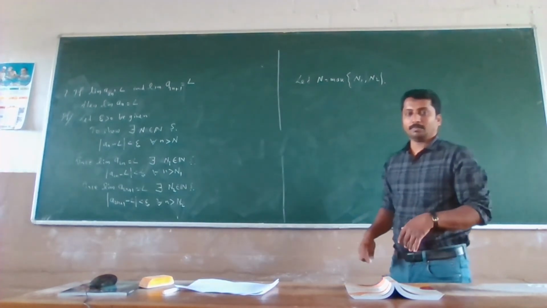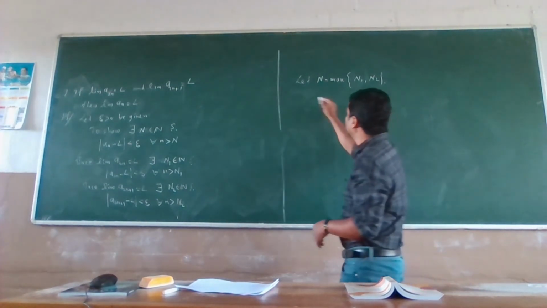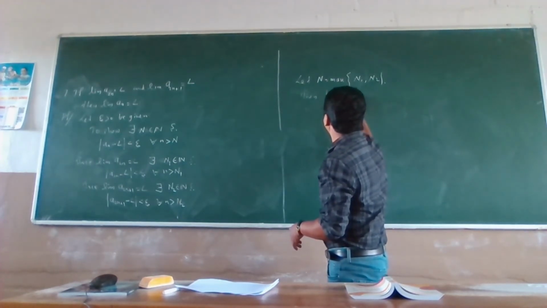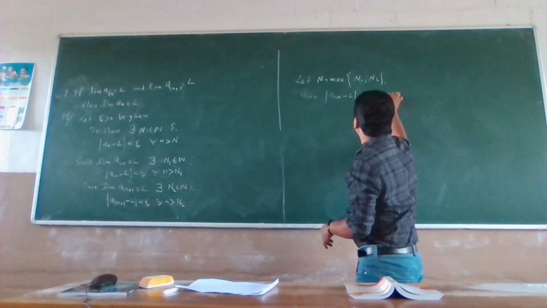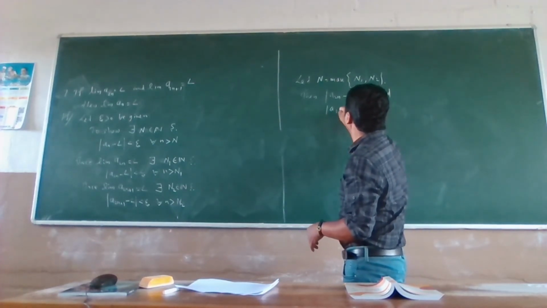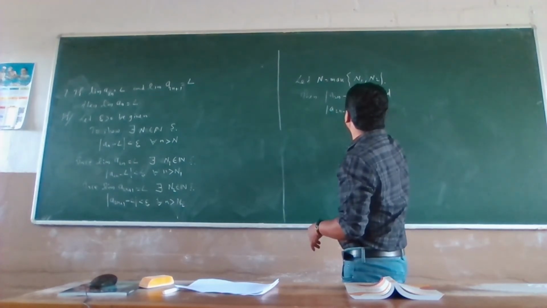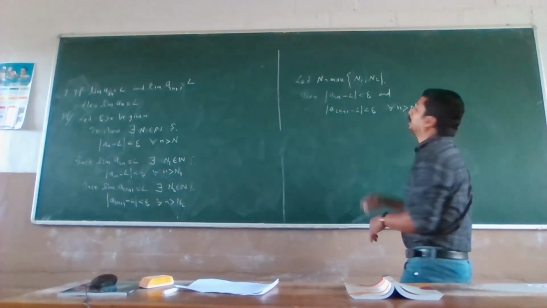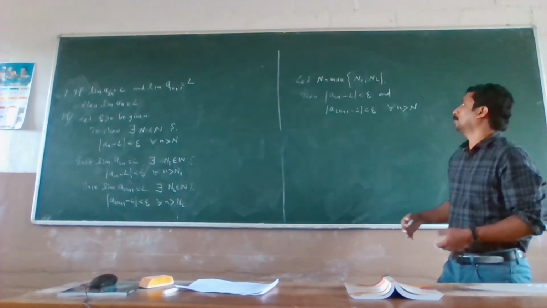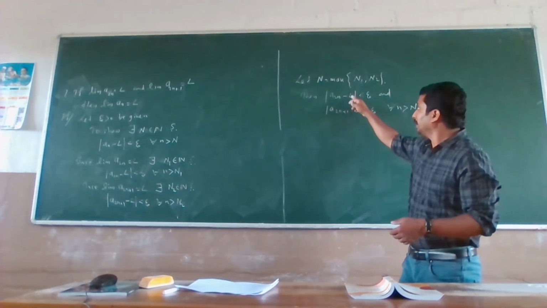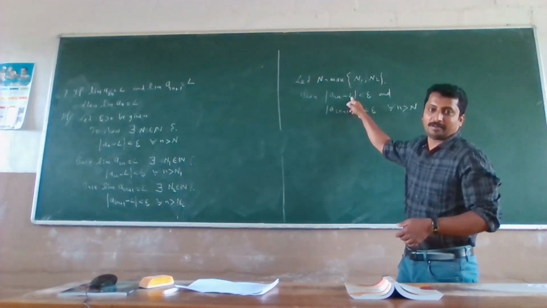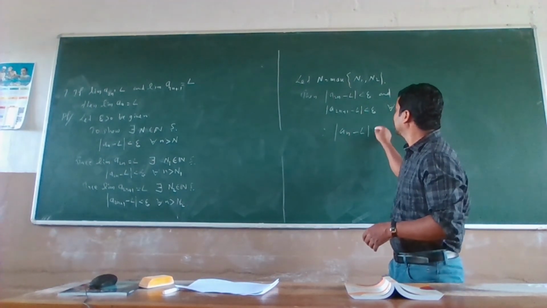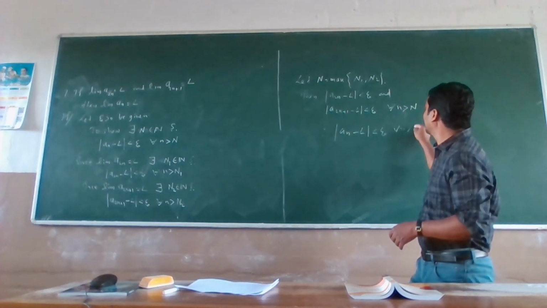If N is the maximum of N1 comma N2, then modulus of a_2n minus l will be less than epsilon, and modulus of a_2n+1 minus l is less than epsilon for every n greater than this N. That means all the sequence points lie in the epsilon neighborhood of this l. Therefore, modulus of a_n minus l is less than epsilon for every n greater than N.